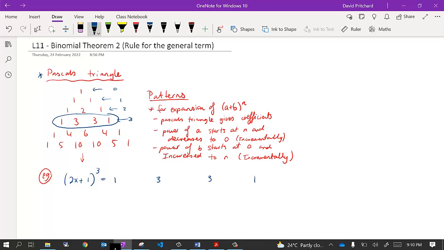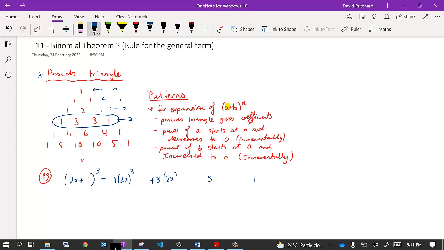The pattern is that the value that's in the space of a starts at maximal power and decreases incrementally down to a power of 0. So for each of these terms, we've got 2x, and it starts with maximal power, so 3.